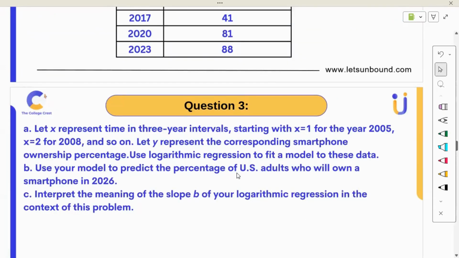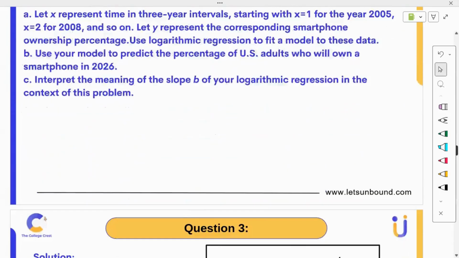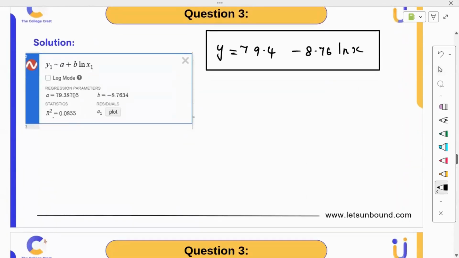Use your model to predict the percentage of US adults who will own a smartphone in 2026. So till 2025, x is 7, so 8. When in 2026, our function will have x as 8. So we are looking for this and very simple, substitute in the model equation. Okay, B part. Smartphone percentage in 2026.